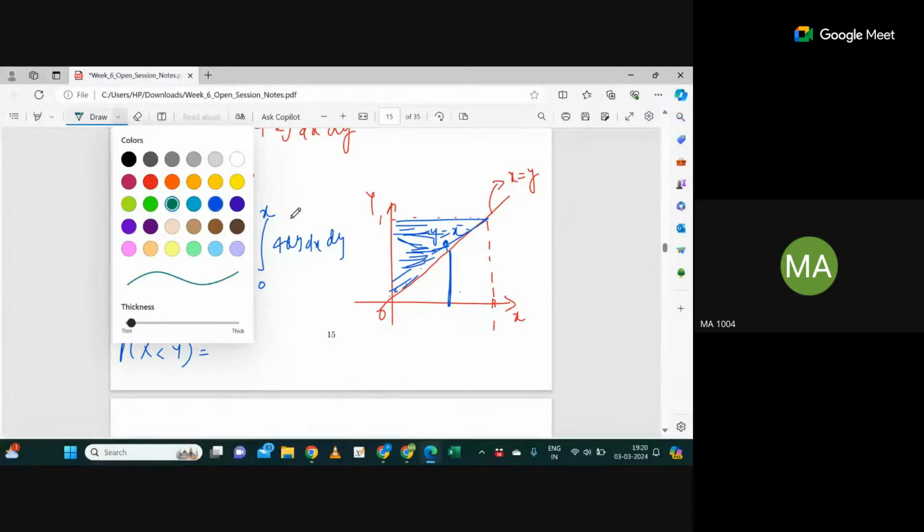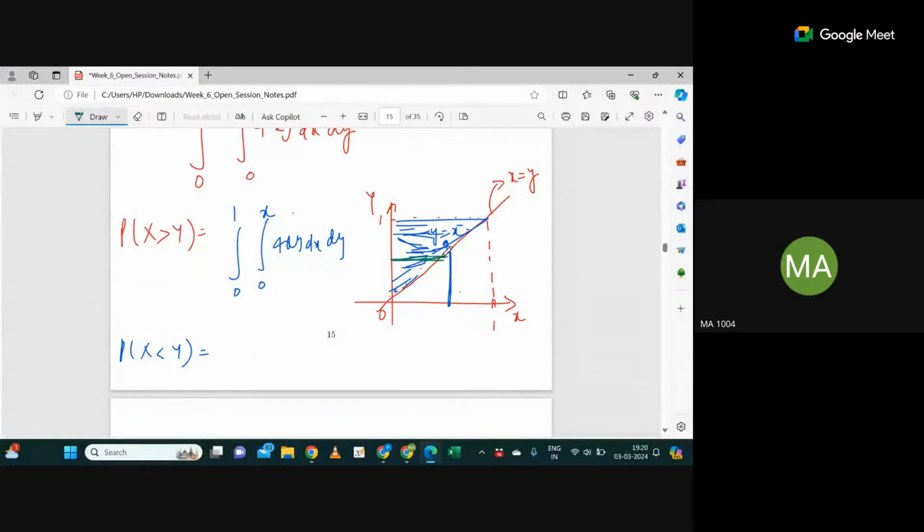I have to draw a parallel line to the x-axis. Then what will the limit of x be here? 0 to y. So you have to do 0 to y, 4xy dx dy, 0 to 1.